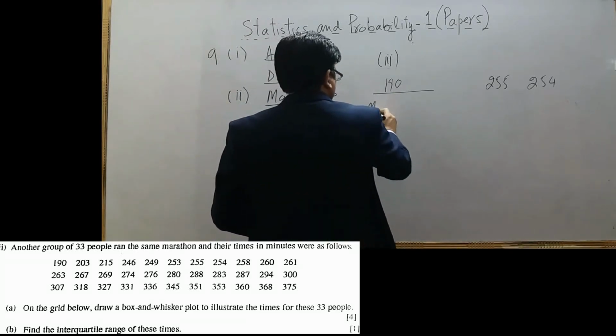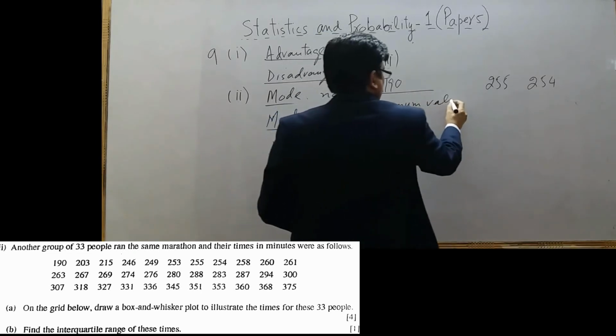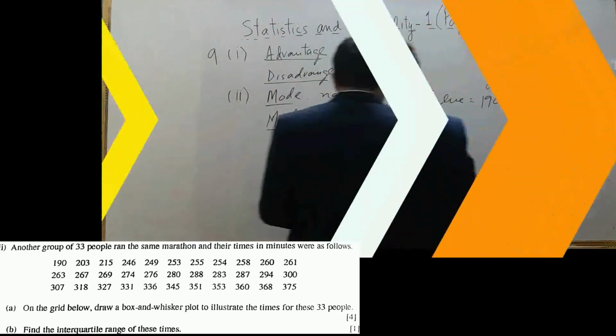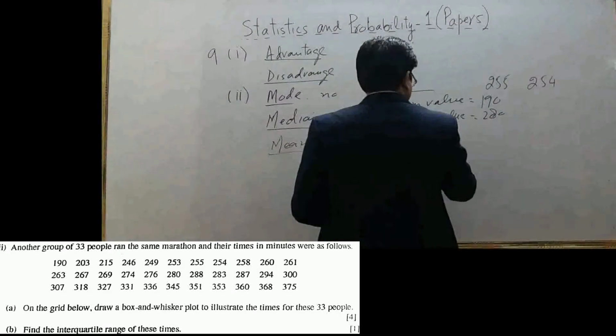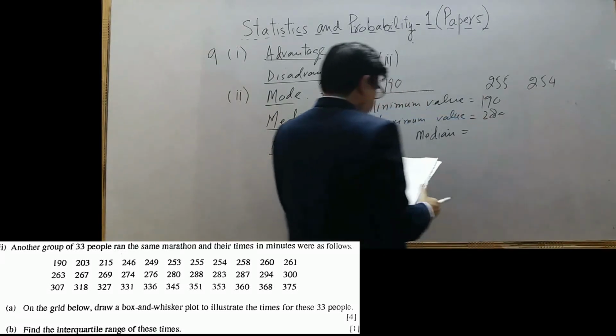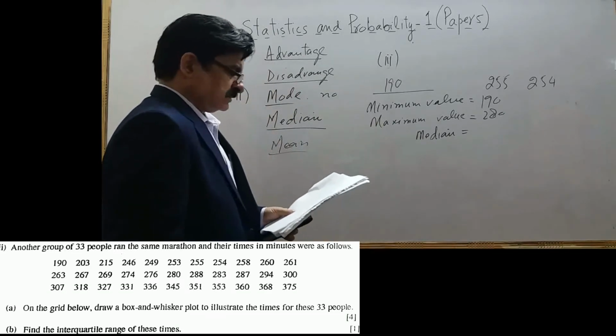So the minimum value is 190, the maximum value is 280. Now how will you find the median? Now see that the total values are 33.